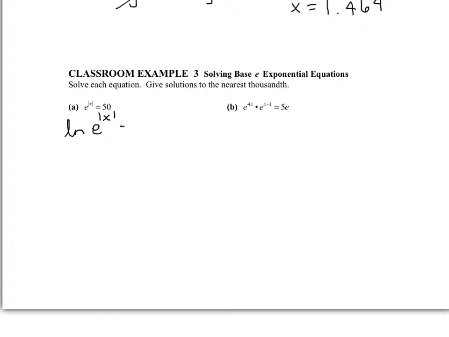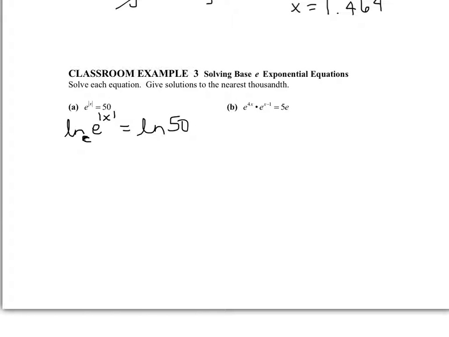Now you may be wondering about the absolute value around the x. We'll talk about it when we get to the end. For now, just don't drop it. Leave it there. On the left side, remember the natural log automatically has an understood base of e, so it's asking what exponent e would have to be raised to in order to get back e to the absolute value of x power?